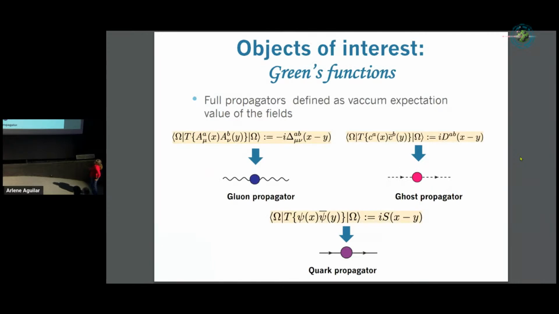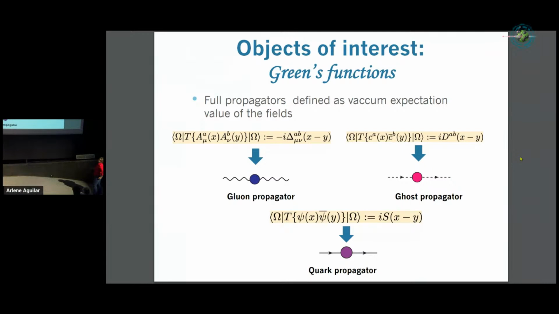So what are the objects that we are going to talk about in this talk? Basically, you are interested in the propagators, or the Green's functions of the theory, which are vacuum expectation values of fields.